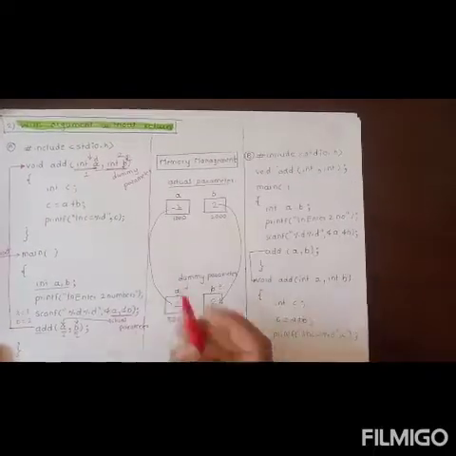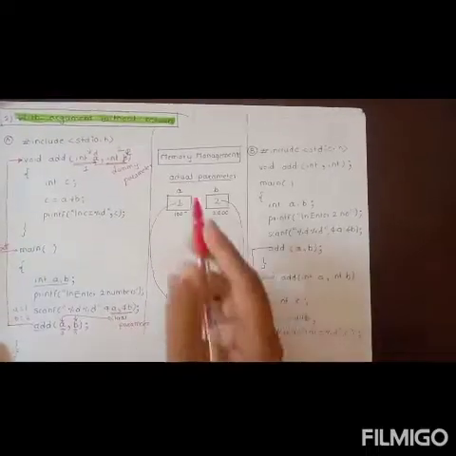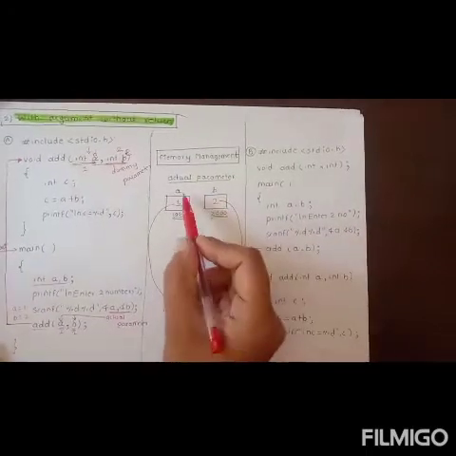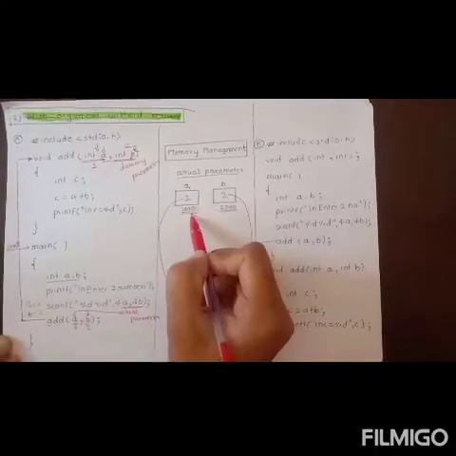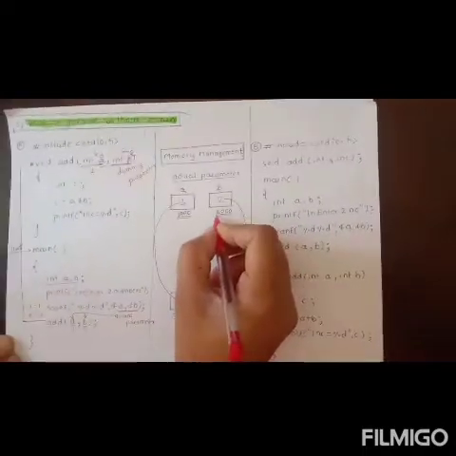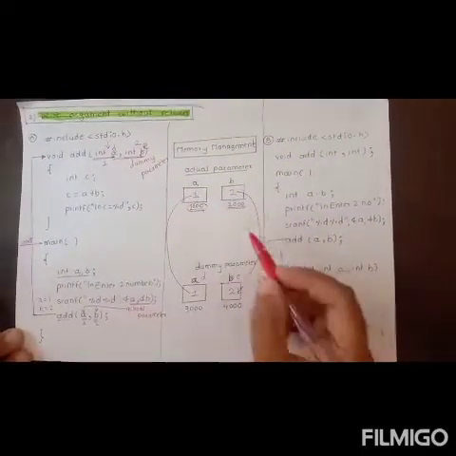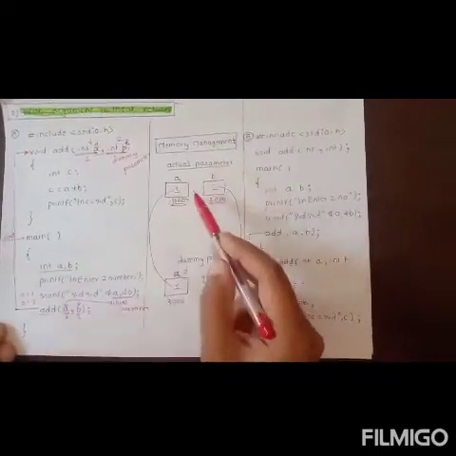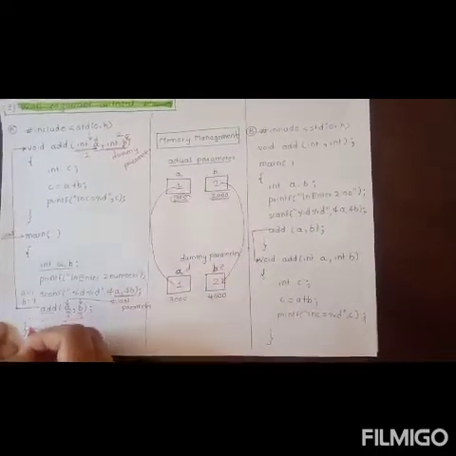If I keep the same names a and b, and you concentrate on the memory, the memory assigned for this actual parameter a is 1000. Memory assigned for this actual parameter b is 2000. So these a and b, the actual parameters, are the local variables of your main function.